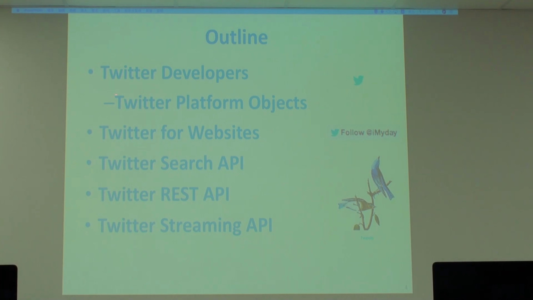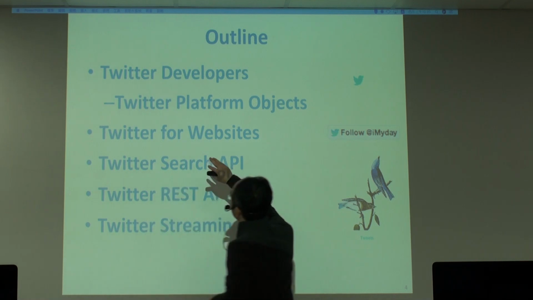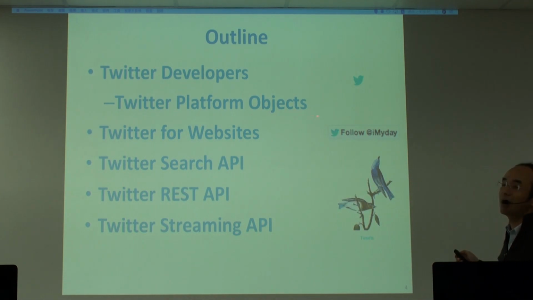So the topics for today will be Twitter developers. We can register as a Twitter developer account, and then we will go into the detail of Twitter platform objects. Then I will introduce how to use Twitter for websites, especially its JavaScript SDK.